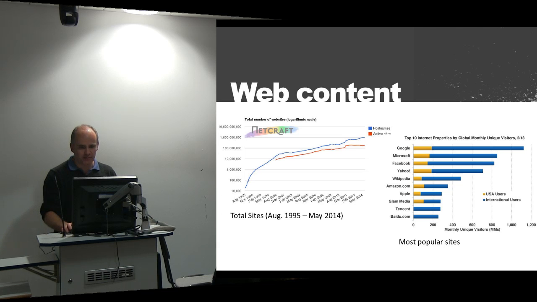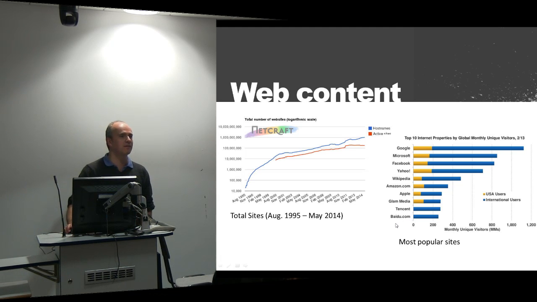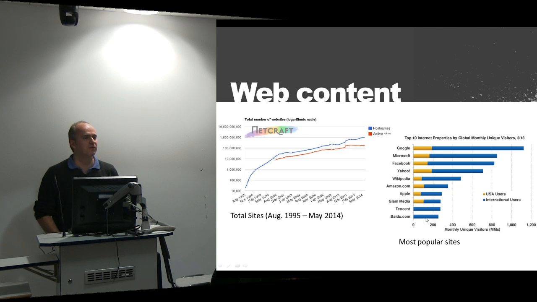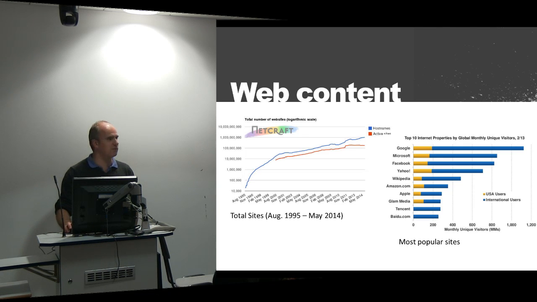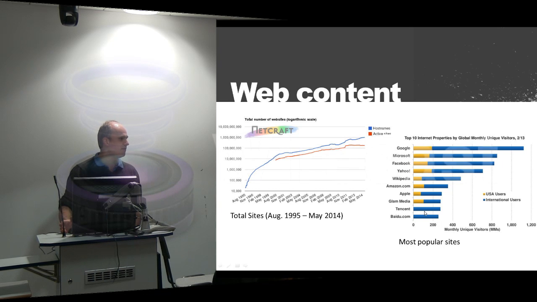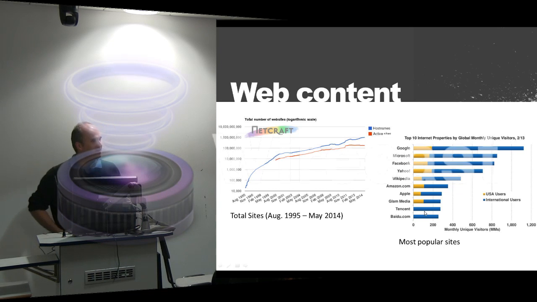And then we have 2 websites called Tencent and Baidu. Have you heard of these? Where are they from? They are Chinese websites. One of them is a search engine, and the other one is some gossip stuff as well.